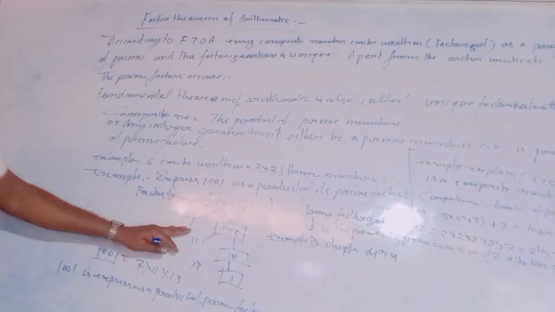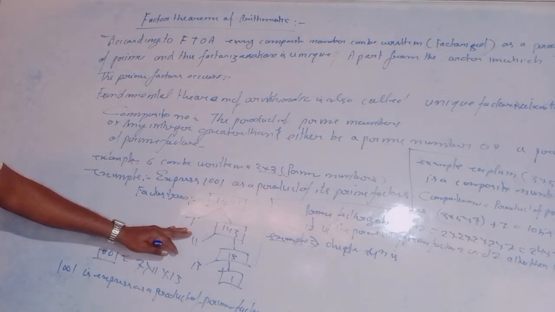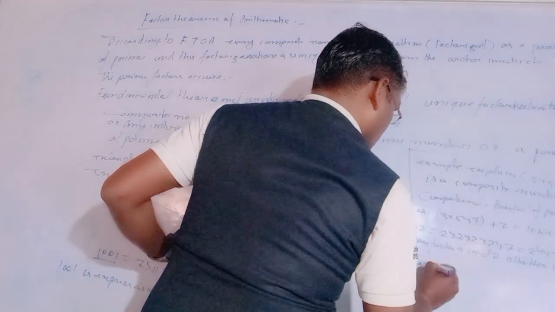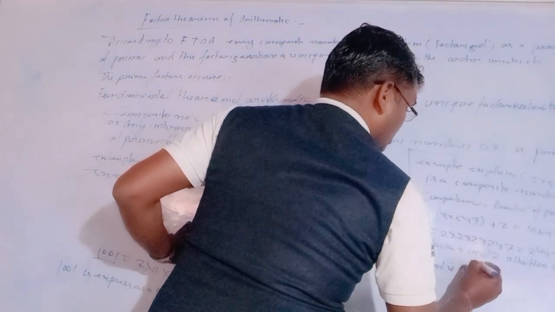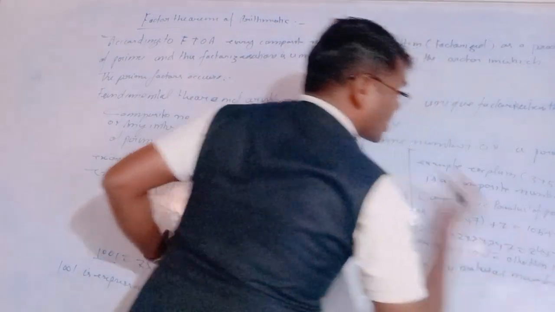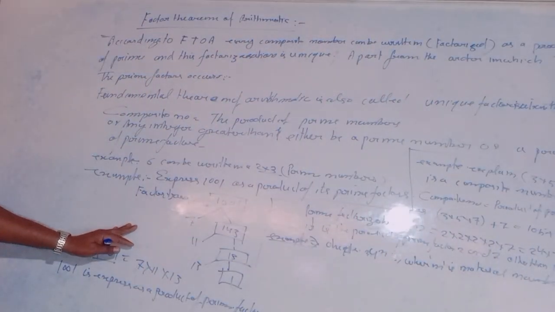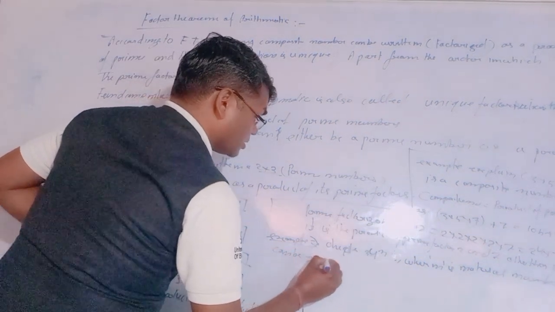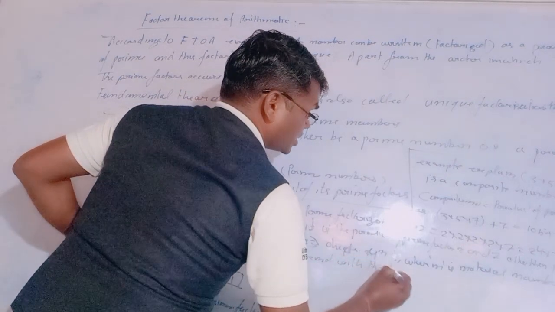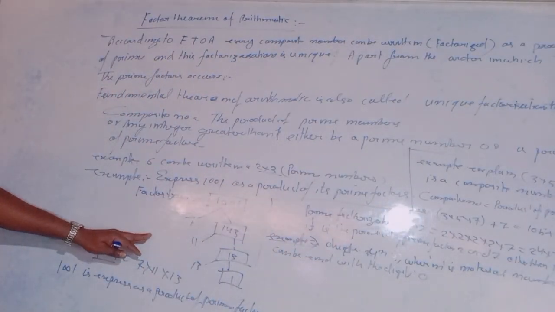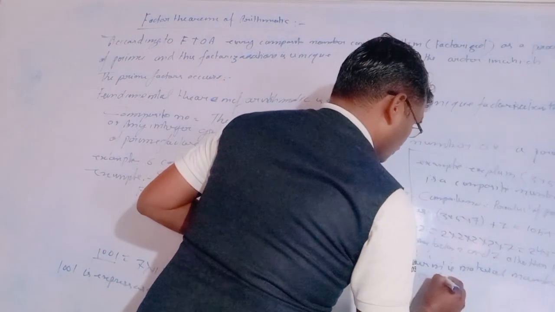Check whether 4 power n, where n is a natural number, can end with the digit 0 for any natural number n.